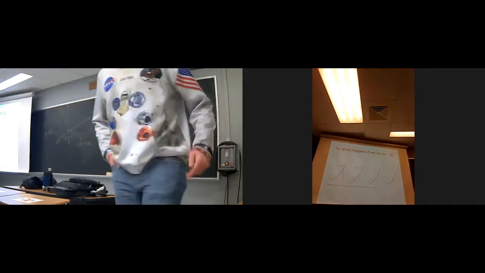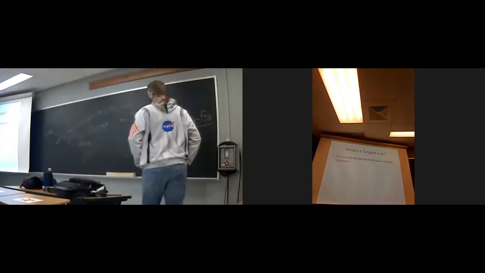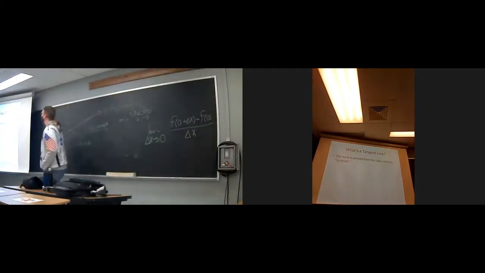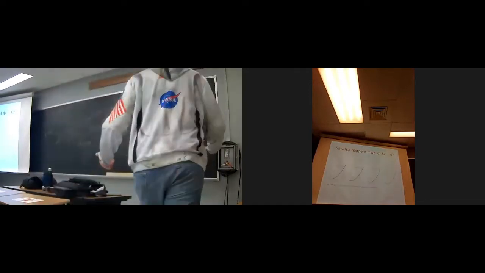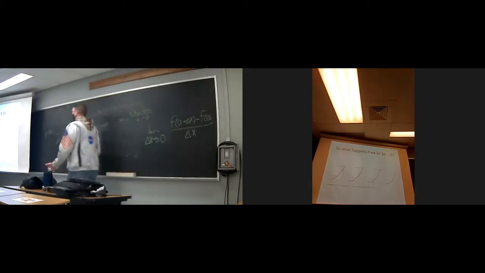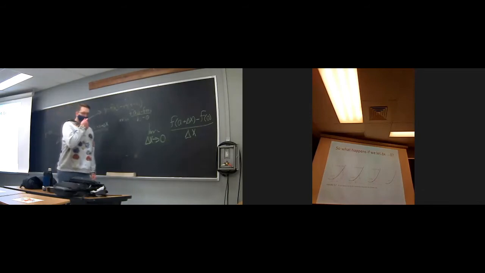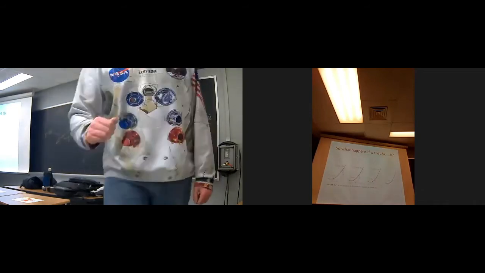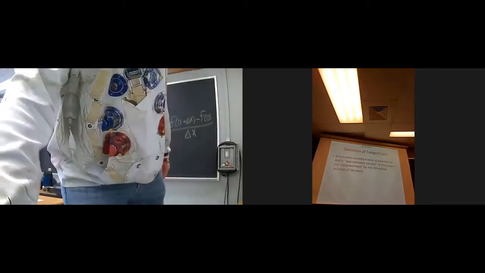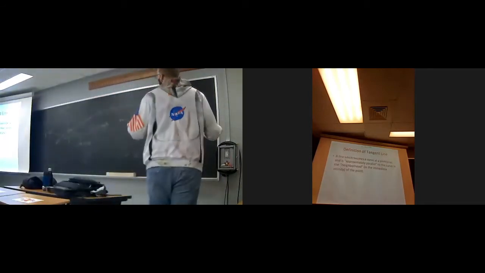Instead, it's what's called a tangent line. Tangent, for whatever it's worth, comes from the Latin word to touch. And if we look at this picture, it makes sense, right? We only touch our graph at one spot. So what is a tangent line?